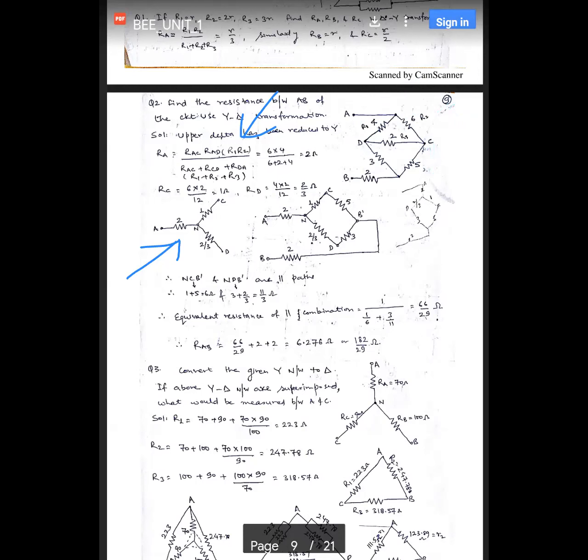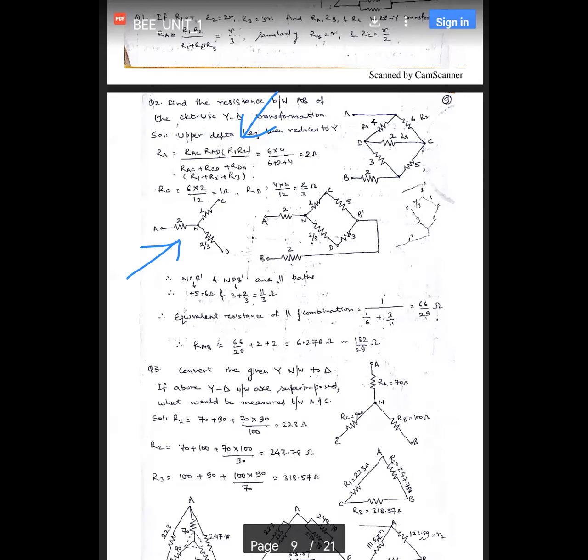So this is RAC upon RAD. Just for your convenience, I have written RAC, RAD and in bracket R1, R2. But in actual practice, it is RAC and RAD only. It is not that these two are multiplied. It is just for your sake. And in the denominator R1 plus R2 plus R3, in actual it is RAC plus RCD plus RAD.